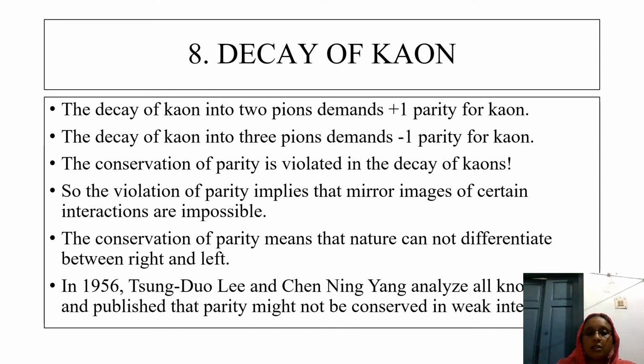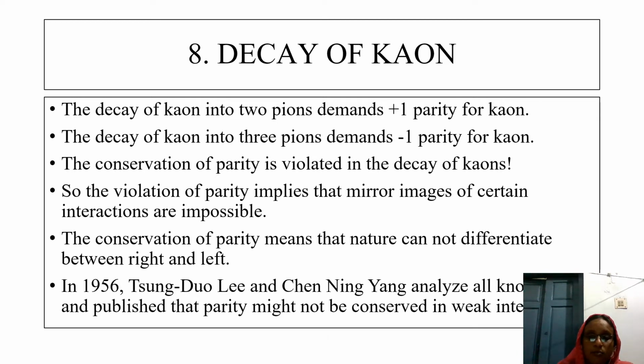Now, the decay of kaon into 2 pions demands +1 parity and 3 pions demands -1 parity, and so the conservation of parity is violated in this case. That means the mirror images of certain interactions are impossible. That is the importance.